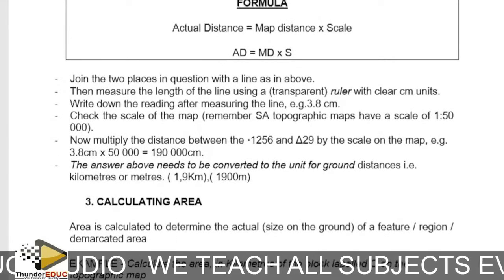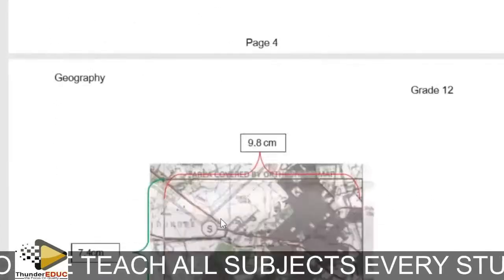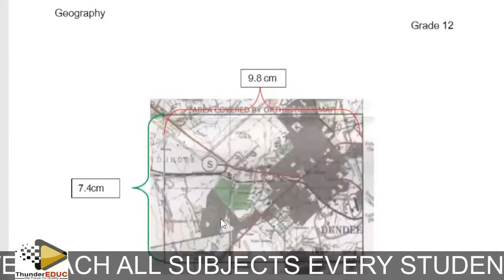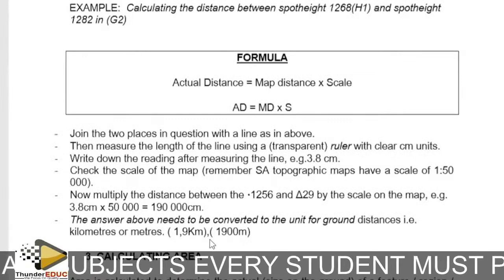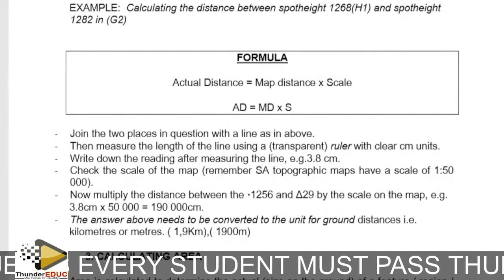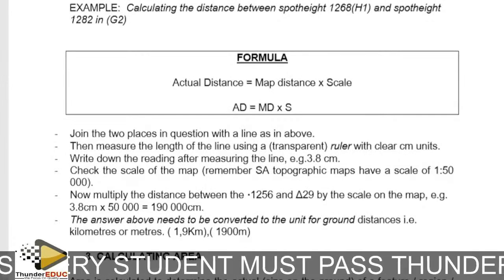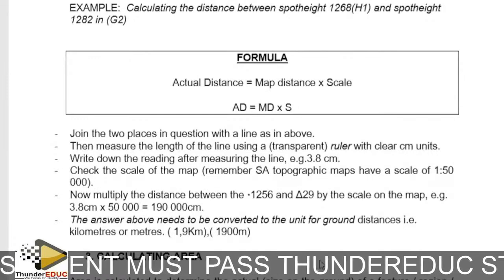Let's proceed and look at area calculation. Area calculation, in other words, the area is calculated to determine the actual size of the ground. In this case, we'll look at a feature or a demarcated area.